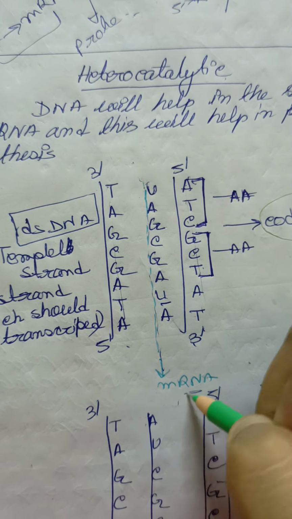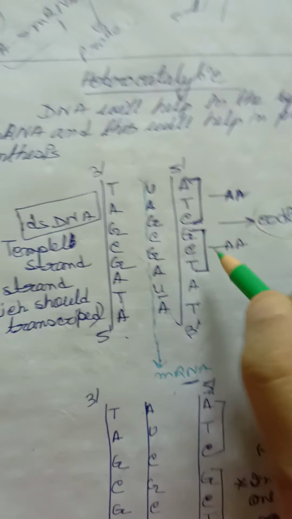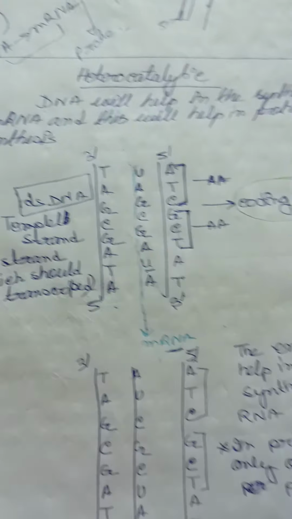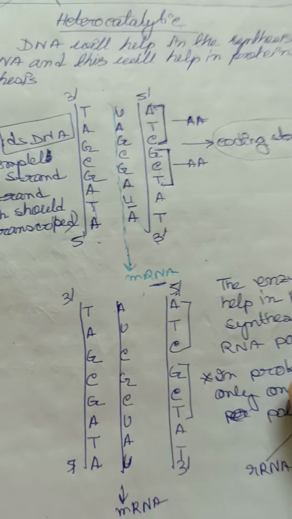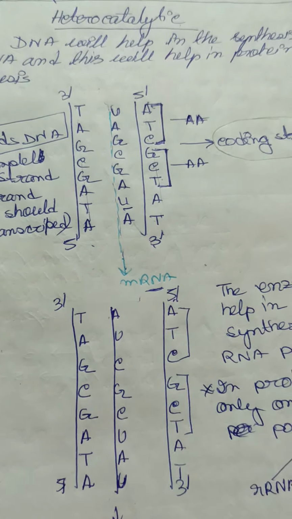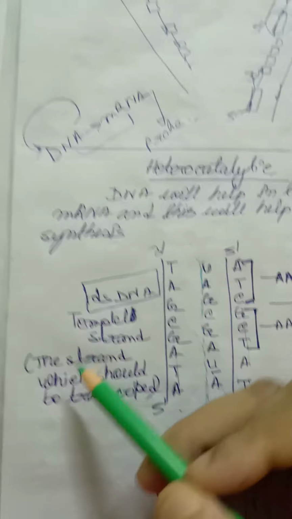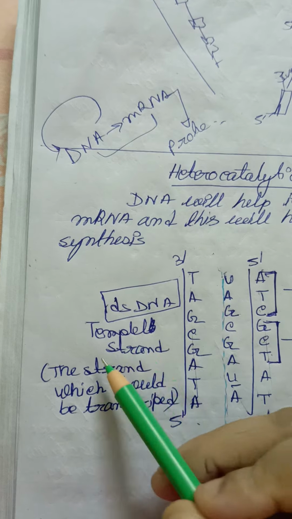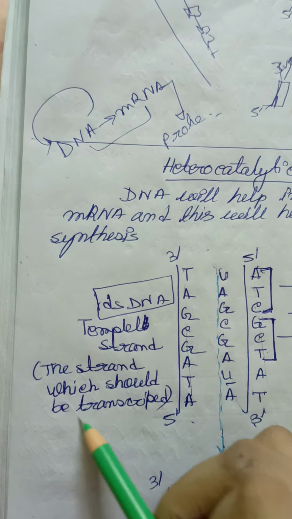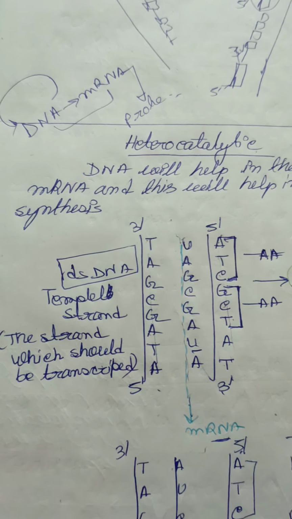Because this is RNA, so for RNA uracil, not thymine, right? This is codes. But you see one thing, we call this strand the coding strand, and this strand the template strand. Template strand, the strand which should be transcribed in the next part.